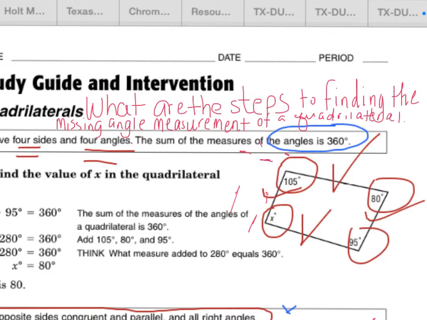You want to write this down in your summary. That's a cue. Quadrilateral. Okay, what are the steps? Pause it so that you can get that written down while I move on.